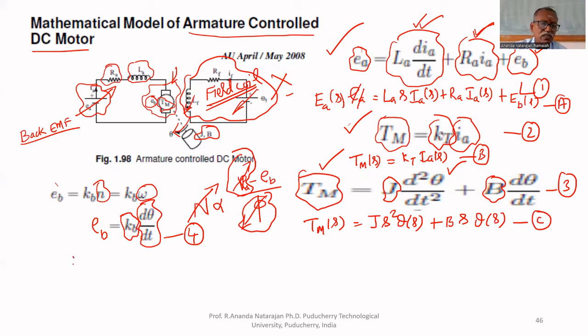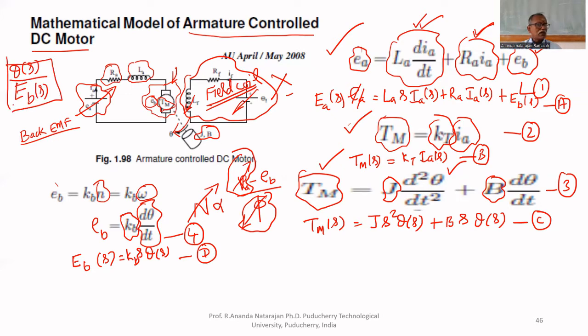Then EB of S equals KB S theta of S. If you combine all these together, you will get the transfer function model of the armature controlled DC motor.